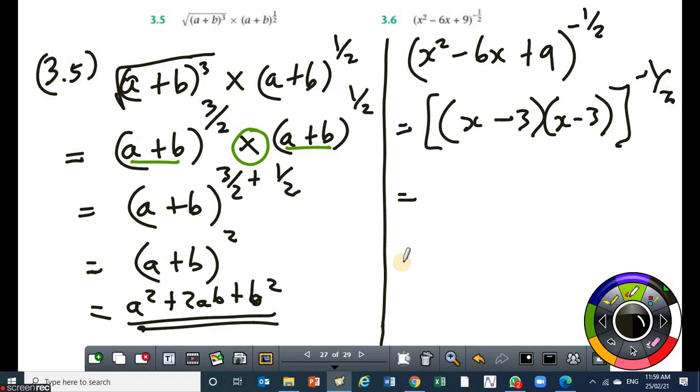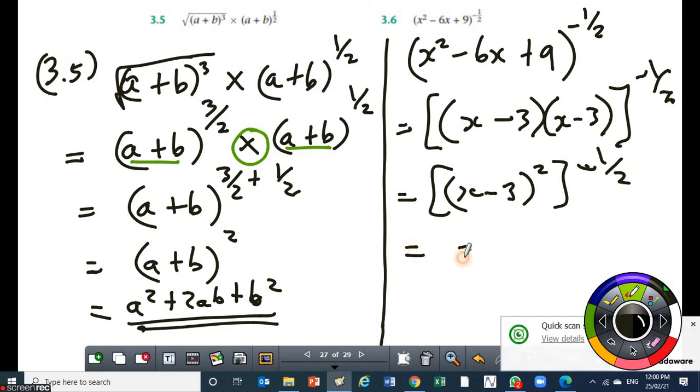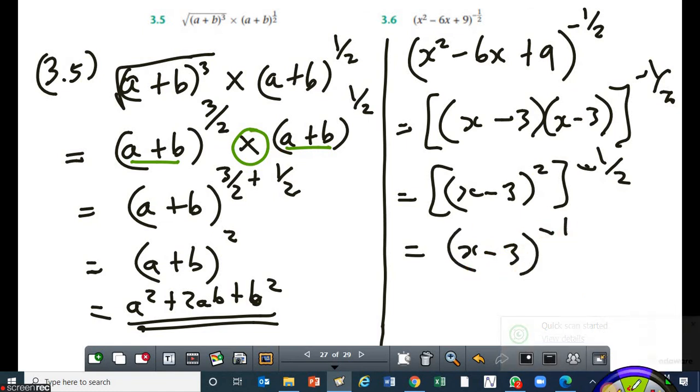So this becomes x minus 3 all squared, and all this is raised to the power of negative a half. Then I have to multiply the exponent 2 by the minus a half. If I do that, I'll get x minus 3 raised to the power of minus 1. 2 times minus a half is minus 1. But I need to convert that negative exponent to a positive exponent.